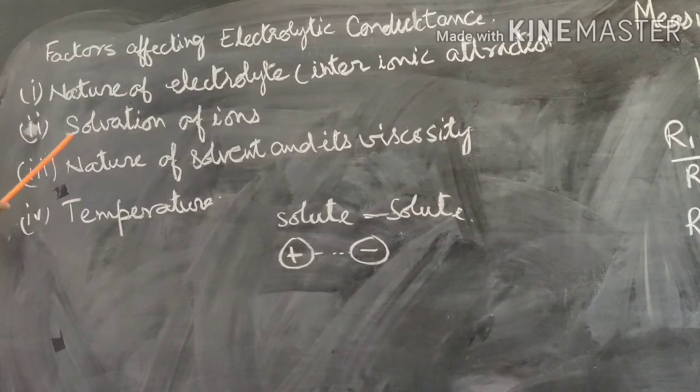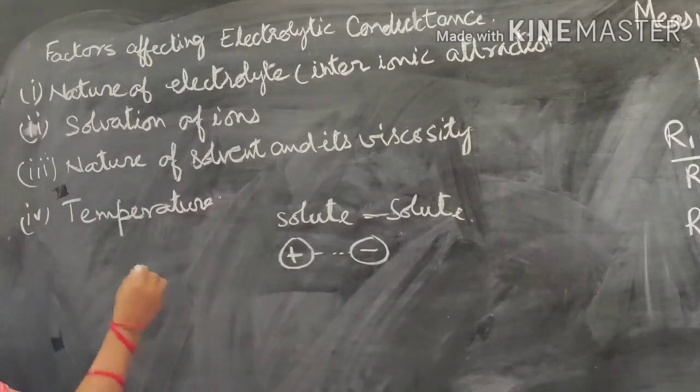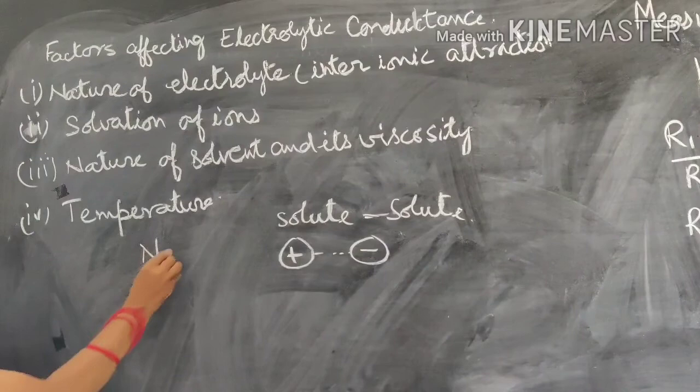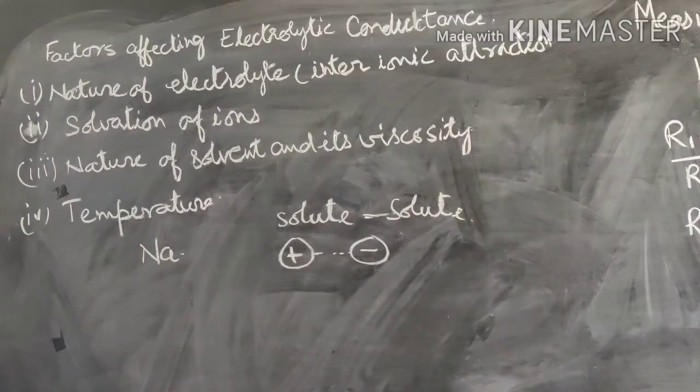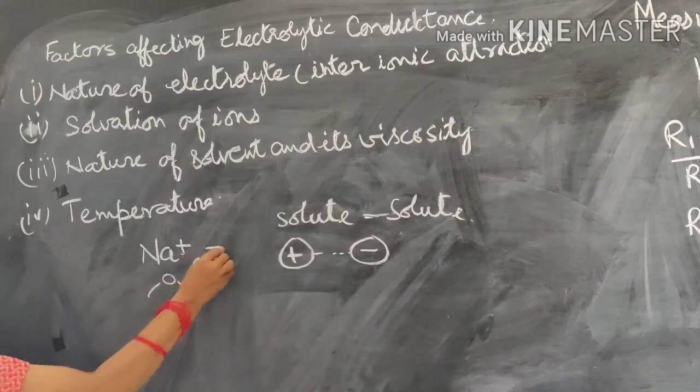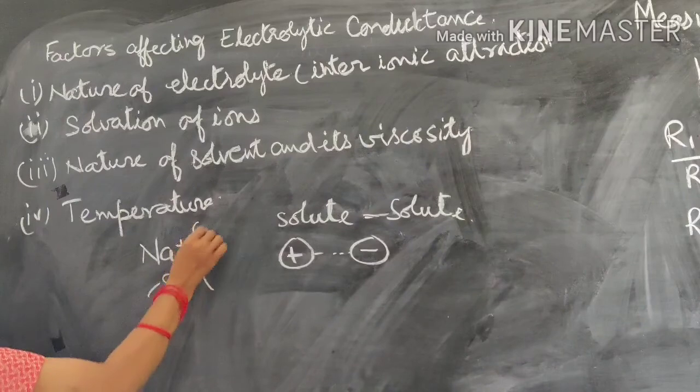Now the second point is the solvation of ion. When we dissolve an electrolyte into water, we can take the example of sodium chloride. The sodium ion is positively charged, and in the solution it will be surrounded by water molecules.